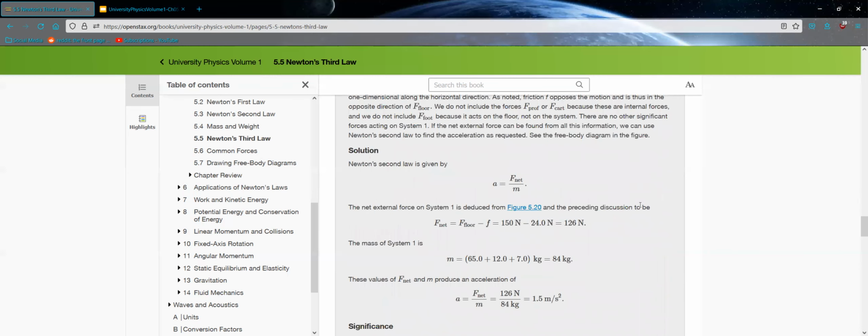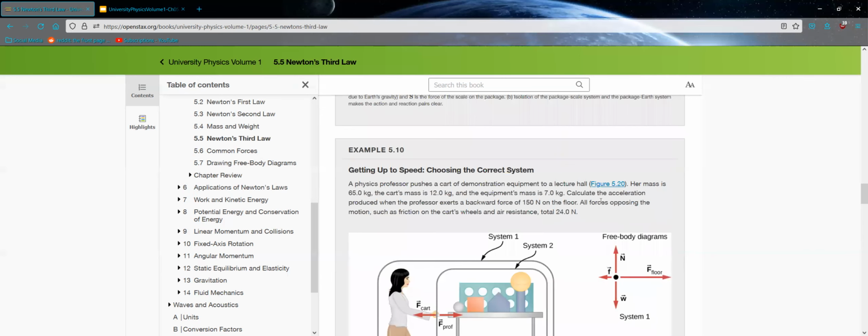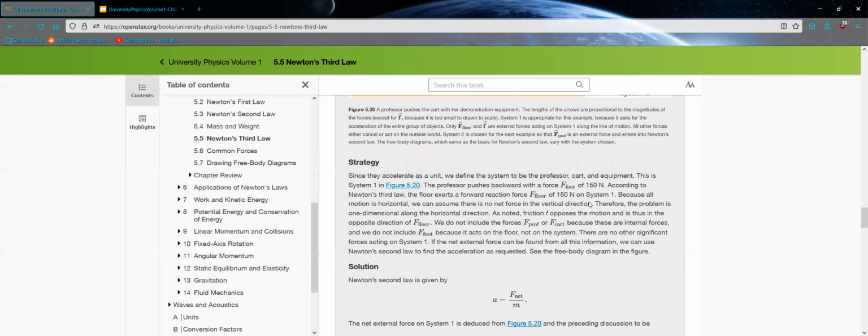Well, same thing you've been doing, F equals ma. You know the acceleration, you can figure out the mass, and you can use that to solve the force. There are two components we care about because the thing's only moving horizontally. Those two components are the force of the professor and the force opposing motion, such as friction and air resistance.